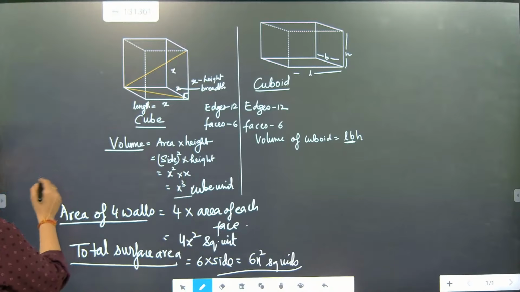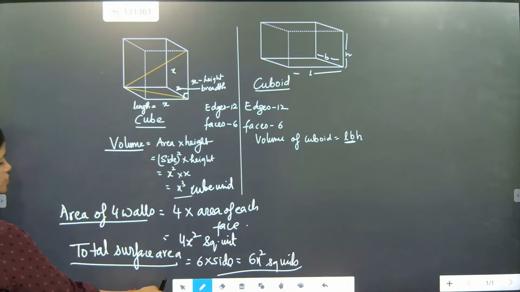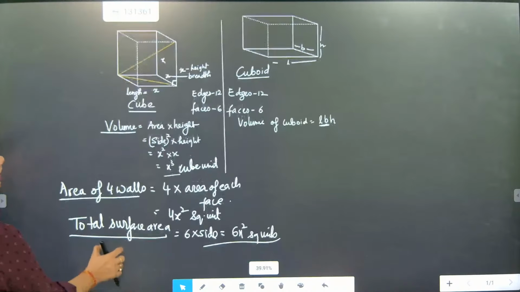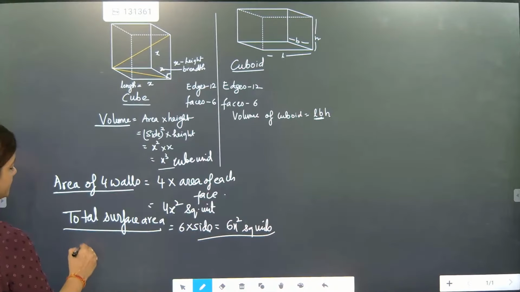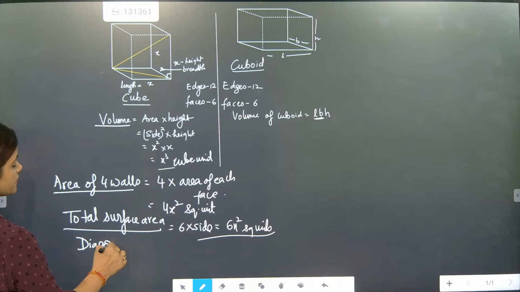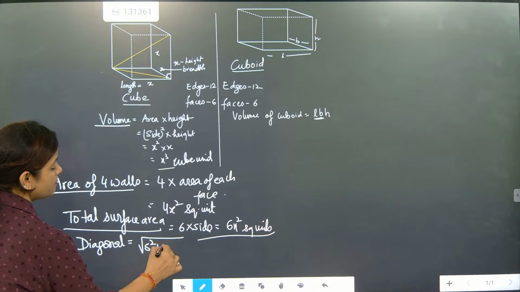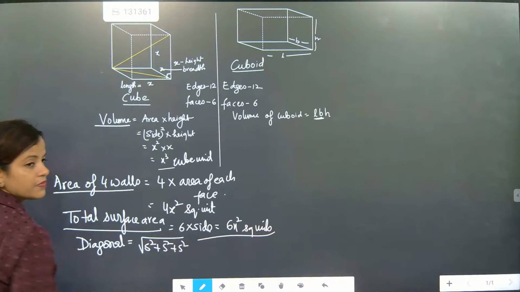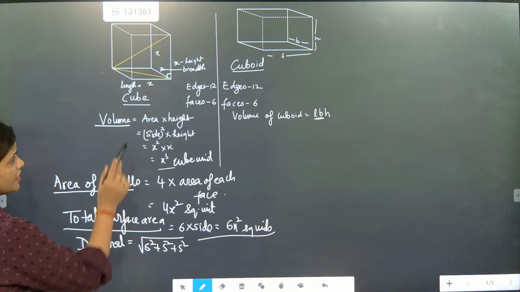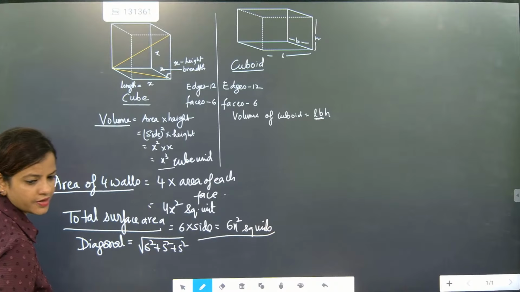So diagonal formula will become, so these are exactly 2-3 formulas we have written. Diagonal of a cube, when they will be asking, will be equal to root under side square plus side square plus side square. Understood? L square plus b square plus h square.